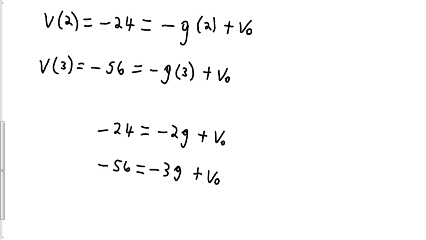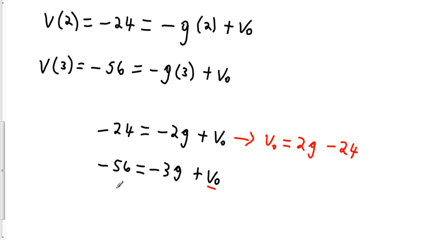So I'm going to take this first equation and I'm going to solve it for v naught. If I add 2g to both sides, I will get v naught is equal to 2g minus 24. And I'm going to take that and plug it in for v naught in my second equation.